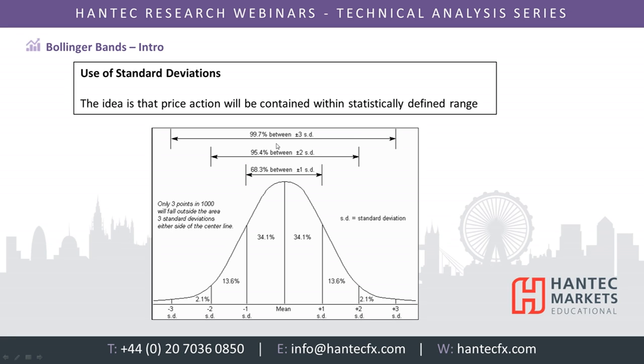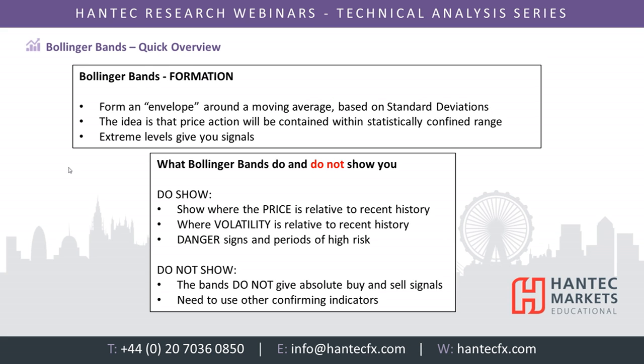And if you're going even tighter than that, then 3 standard deviations is 99.7%. So that's how we look at standard deviations, and Bollinger Bands use standard deviations to encompass price action, and to try and work out excessive moves within the market.